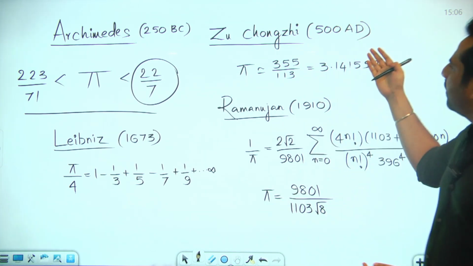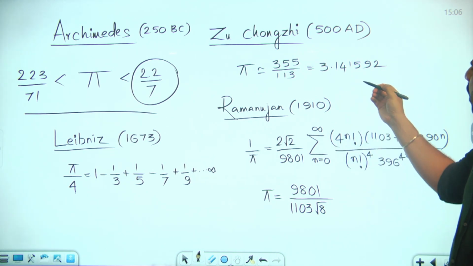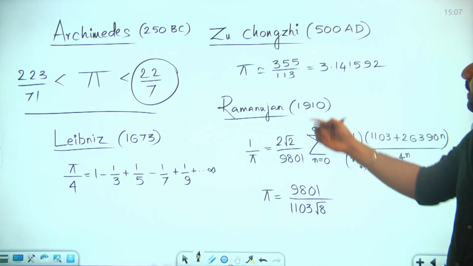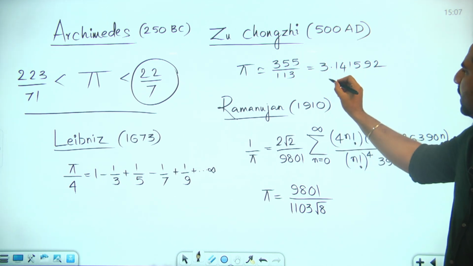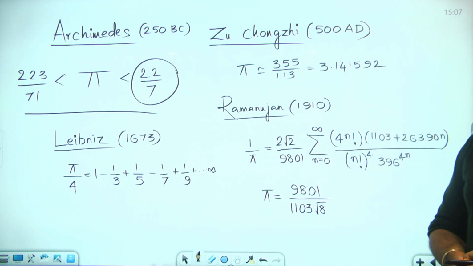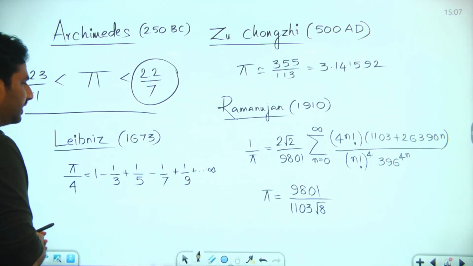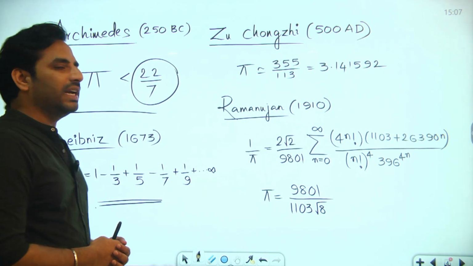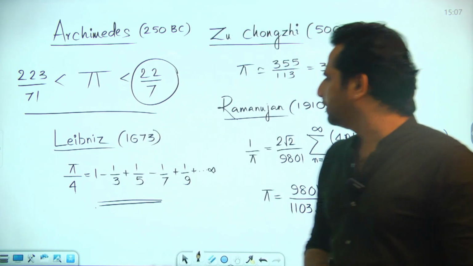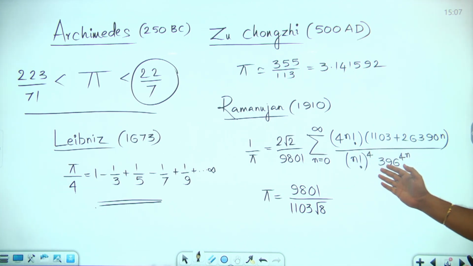And another scientist, Chinese mathematician Zhu Chongzi, approximated the value to almost 6 decimal places, and he gave his approximation to be 355 by 113, which is 3.141592. And after that, Leibniz in 1673 gave an infinite series to approximate the value of pi, using which the great mathematician Ramanujan gave his formula to calculate the value of pi, which you can see on the screen, which is really big.